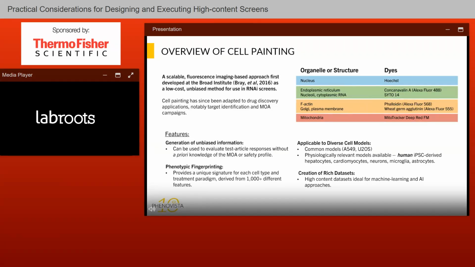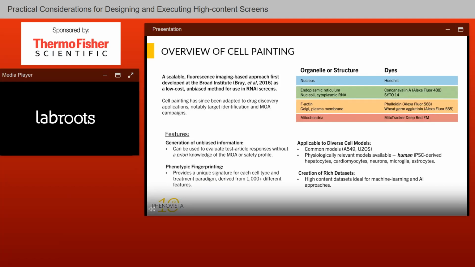It also is lower cost than if you were using antibodies, primary and secondary antibodies, which are also more time consuming to apply. But most importantly, it doesn't really bias the data to a specific pathway. It's really looking at the major compartments: the nucleus, the ER, nucleoli, F-actin, Golgi, membrane, and the mitochondria. So really the major compartments.